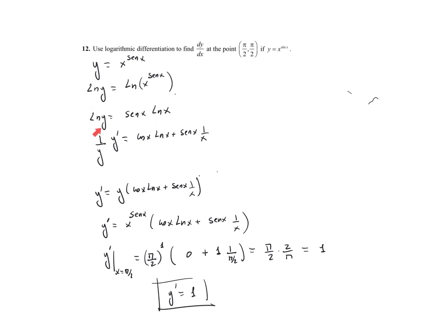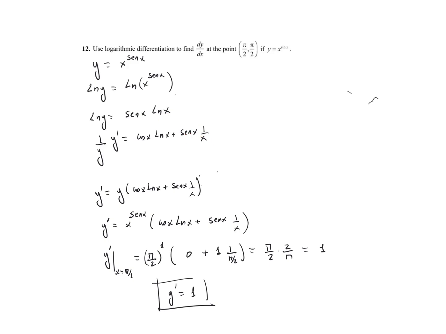Now we take the derivative of the right side and the derivative of the left side of the equation. The right side is the product of two functions. The derivative of the left side is 1 divided by y times the derivative of y with respect to x, equal to the derivative of this product: the derivative of the first, cosine of x, times the second, plus the first times the derivative of the second, 1 divided by x.